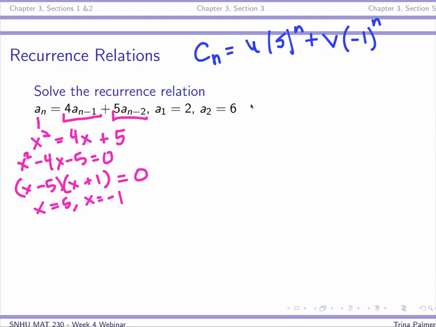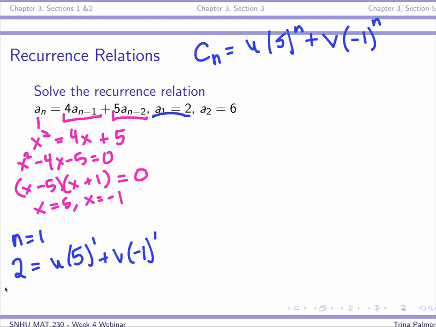So what we're going to do is plug in the values that we do know. So I know that a sub 1 is 2. So when I plug in n equals 1, I called it c sub n, c sub 1 or a sub 1, either one, same thing. So I'll have 2 is equal to u times 5 to the 1 plus v times negative 1 raised to the 1.